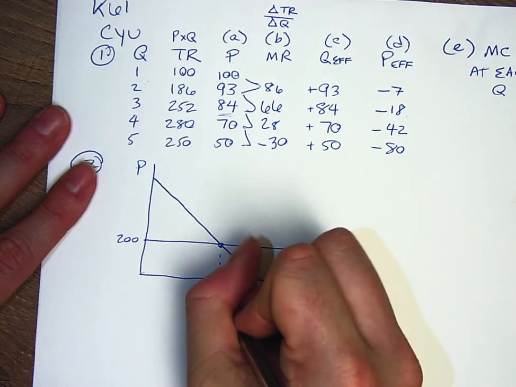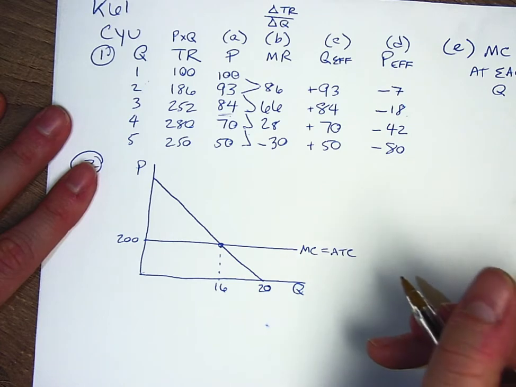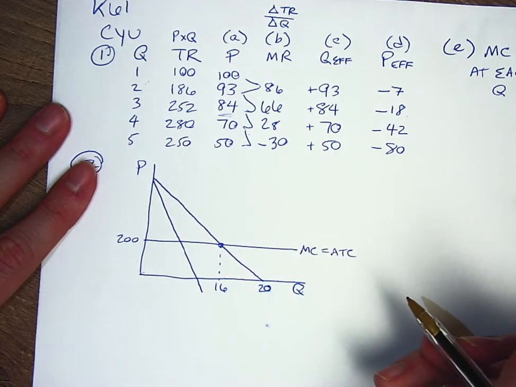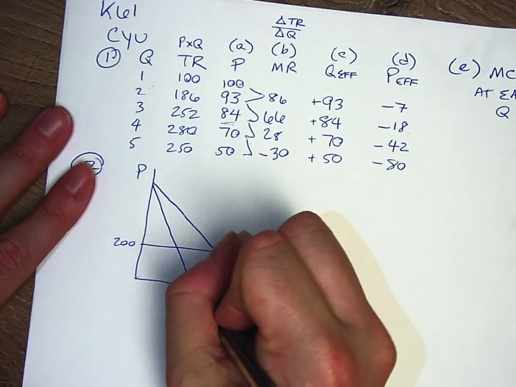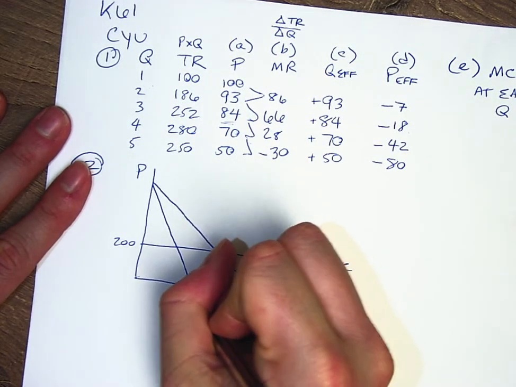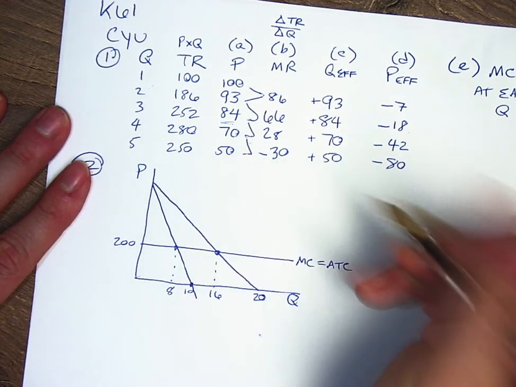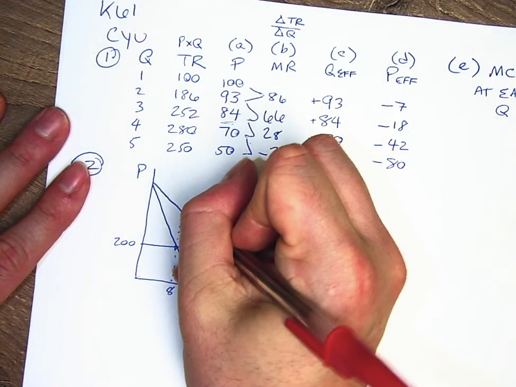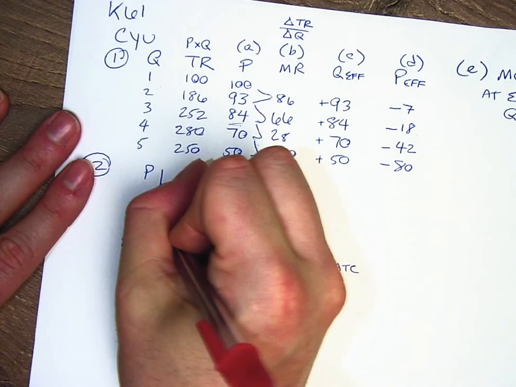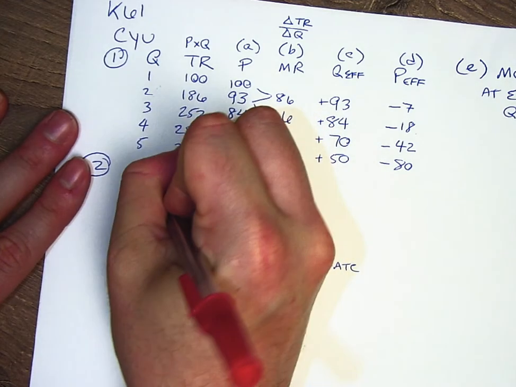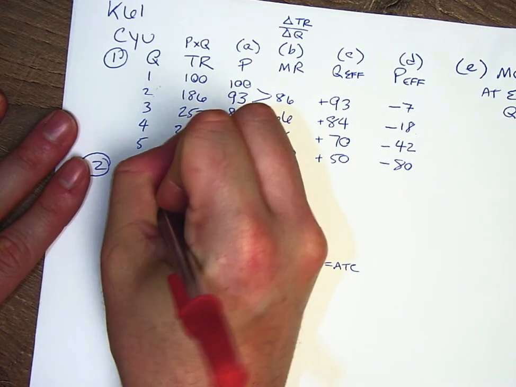This is at 16. And then this one comes here, and that value, it says, is 10. And this one is 8. And then the price is at 600. So this is the original value, and then this intercept up here is 1,000.